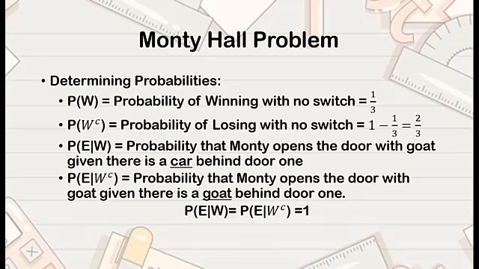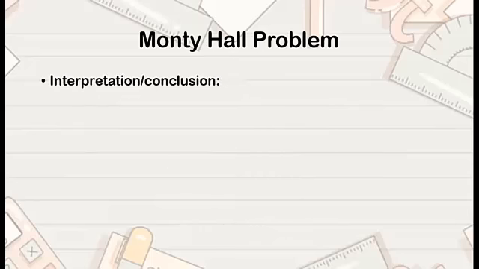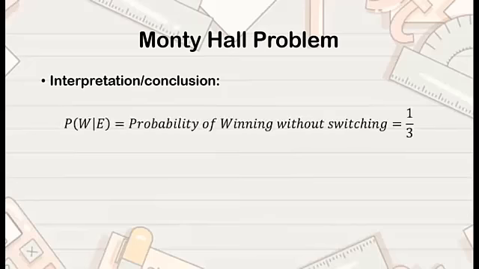Putting the values we just figured into the Bayes rule formula, we obtain that the desired probability W given E is equal to 1 over 3. Now, what can we infer from our solution, the final probability W given E? The probability of winning without switching is 1 over 3.